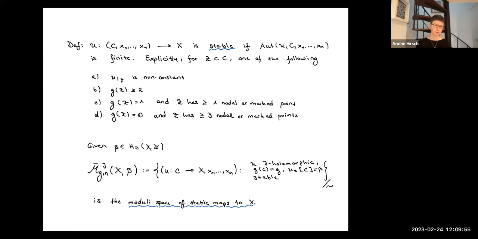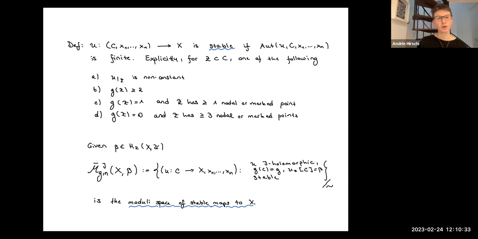Now, given some irreducible component Z of C, so just a path component of the normalization, this just means that one of the following conditions has to hold for Z. Either the restriction of u to Z is non-constant, or the genus of Z is at least 2, because any Riemann surface of genus at least 2 has finitely many automorphisms, or the genus of Z is equal to 1 and Z has at least 1 nodal or marked point, or finally Z has genus 0 and at least 3 nodal or marked points.